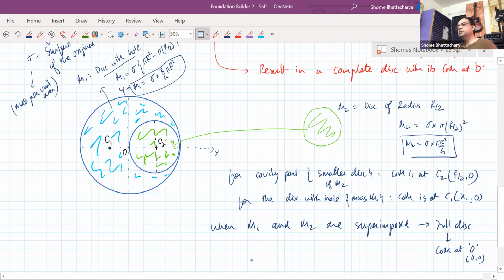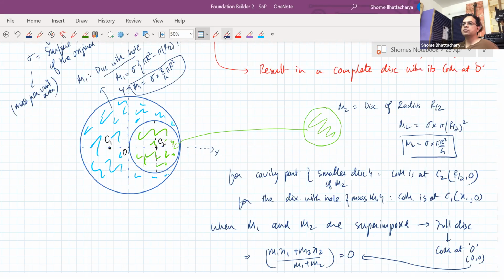So that means (M1 x1 + M2 x2) / (M1 + M2) should be equal to 0, because this one's x coordinate is 0. You're placing this entire mass M1 at its center of mass C1. You're placing this green colored mass M2 at its center of mass, which is at C2. But that combination center of mass should come where? It should come to the origin.